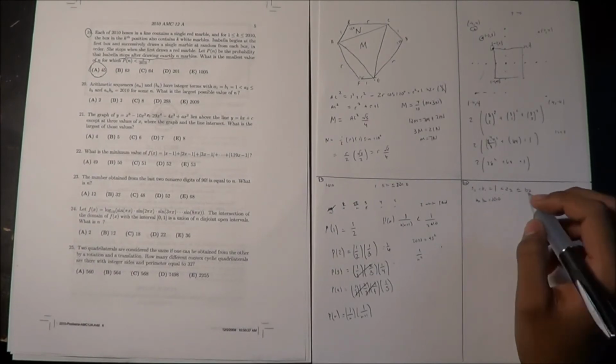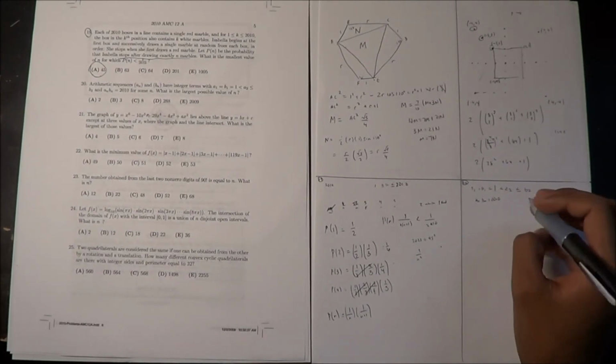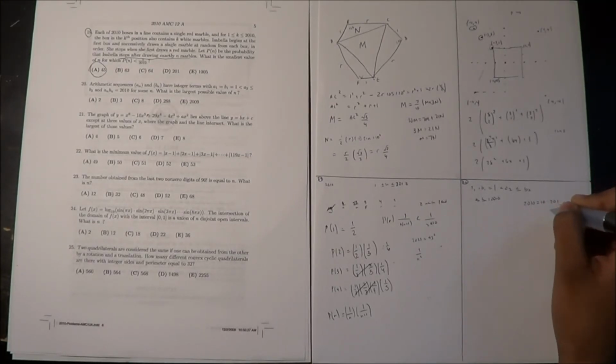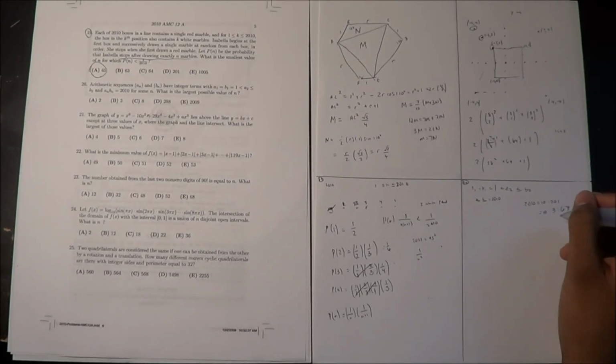So these have to be integers. So, okay, the first 2010 is 10 times 201. That divides 3. 60 plus 21. So 60 plus 7, 67. 67 is prime. Okay.